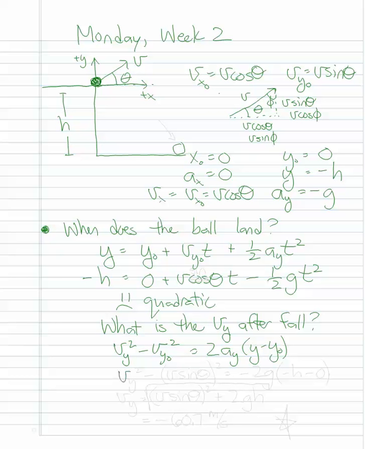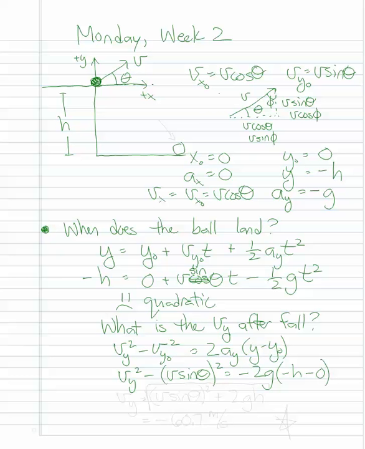So I know that v y squared minus v sine theta, oh, which makes me realize, actually, just looking up here, this was supposed to be sine. There we go. Sine theta squared is equal to 2 times minus g, so I put the g out front, and the y final is minus h, and the y initial is equal to 0.